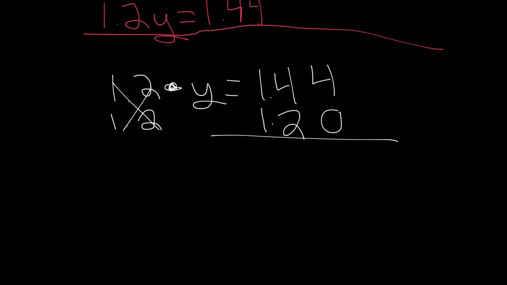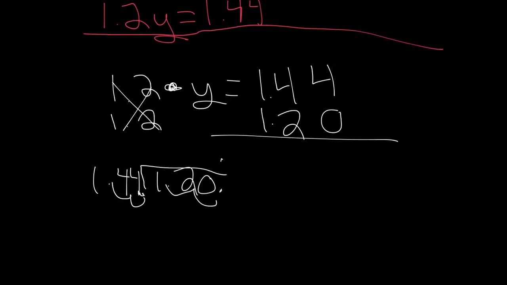So you bring it over here, 1.44 divided by 1.2. So 1.2 goes into 1.44, about 1,200.